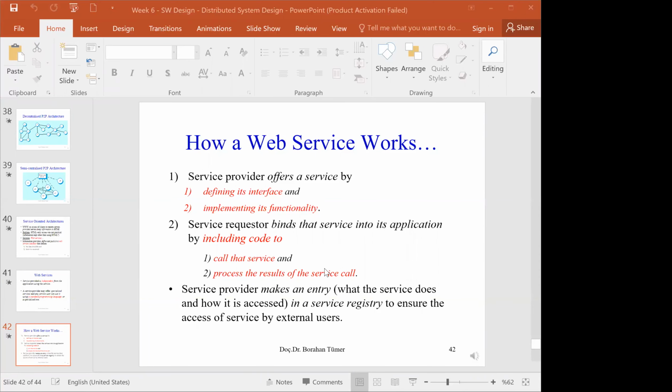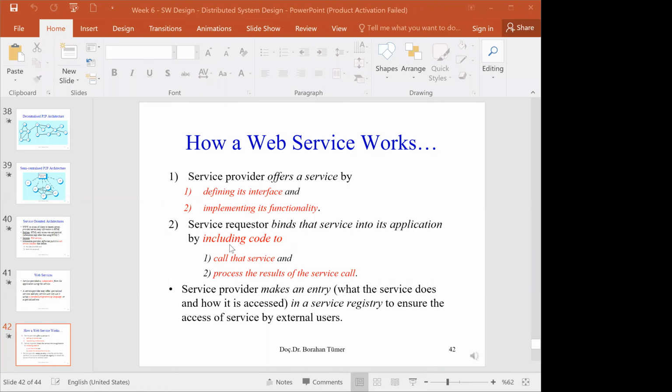How a web service works is, the service provider offers a service by defining its interface and implementing its functionality. So it defines its interface and it implements its functionality. The service requester binds that service into its application. So it includes the service in its code, and calls that service and processes the results of the service call.